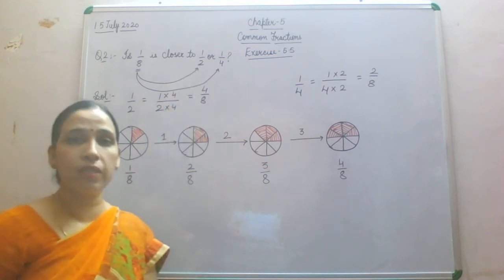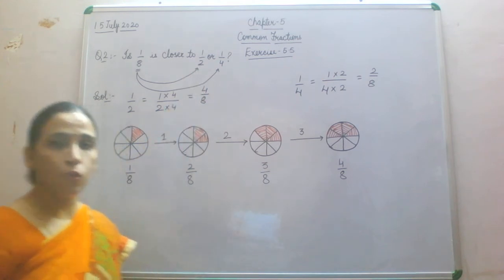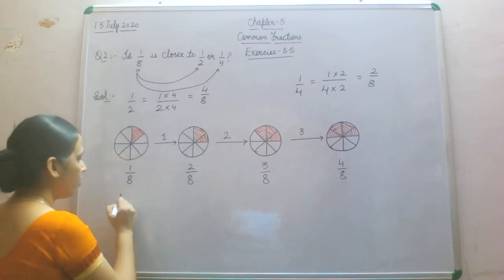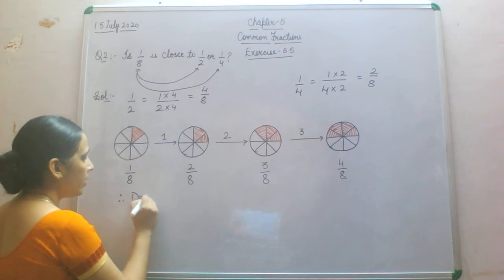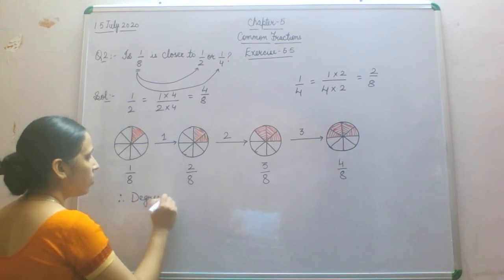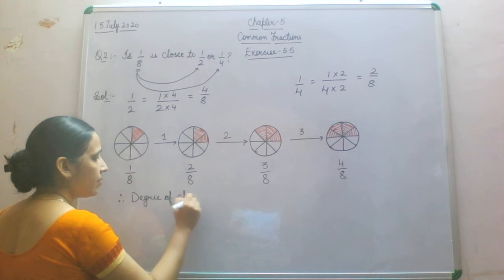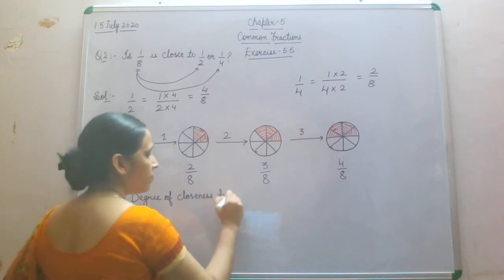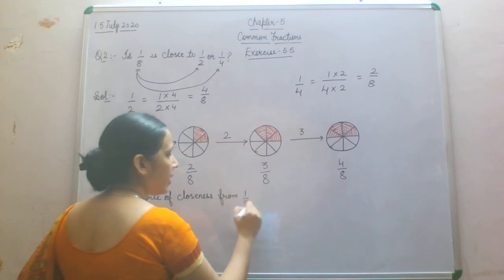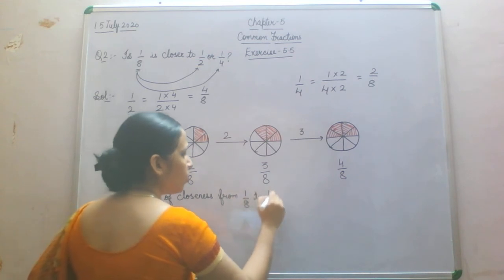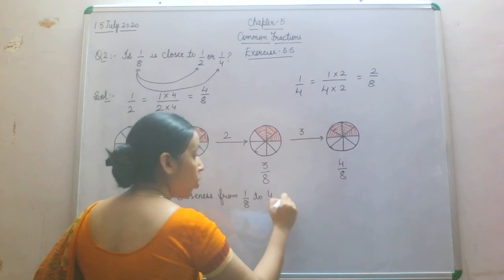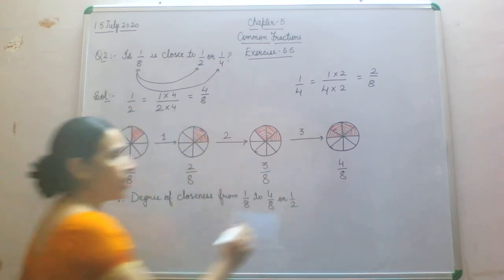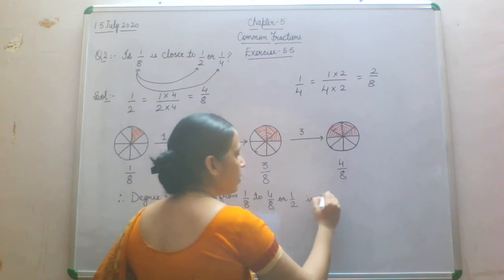4 by 8 is actually 1 by 2. So what is the degree of closeness here? We will write it down. Therefore, degree of closeness from 1/8 to 4/8 or 1/2 is 3.